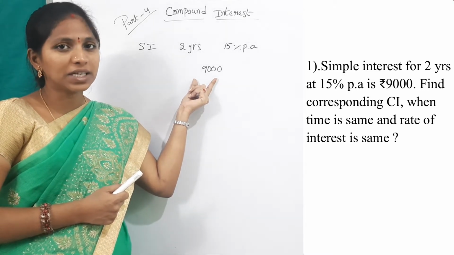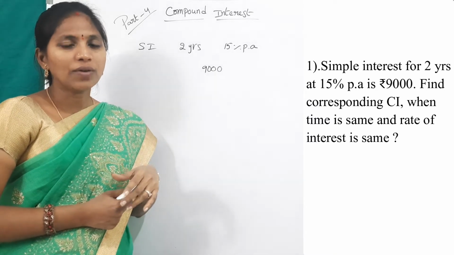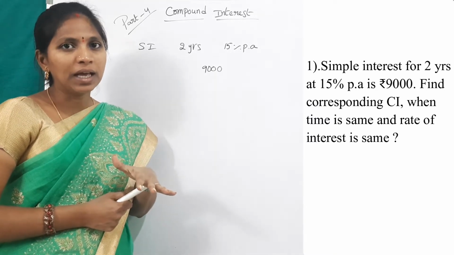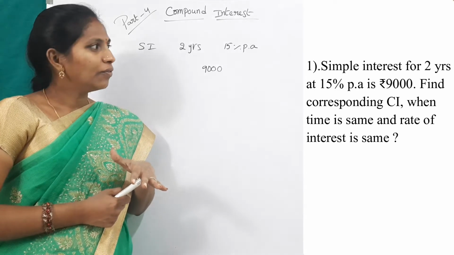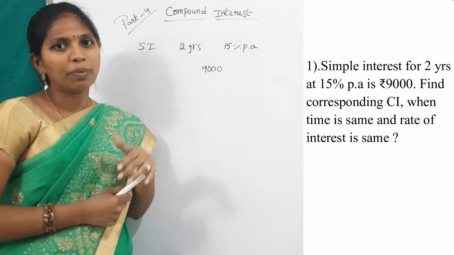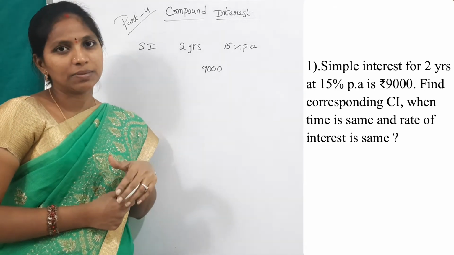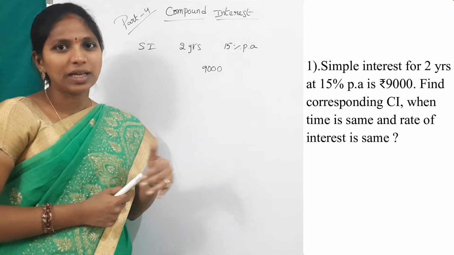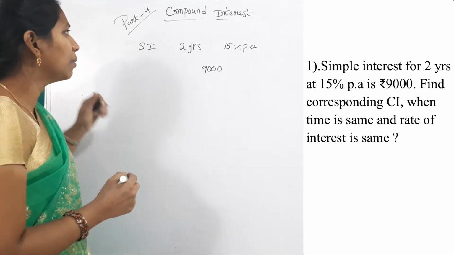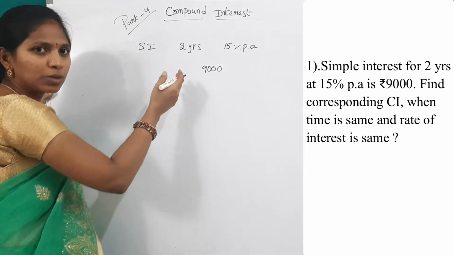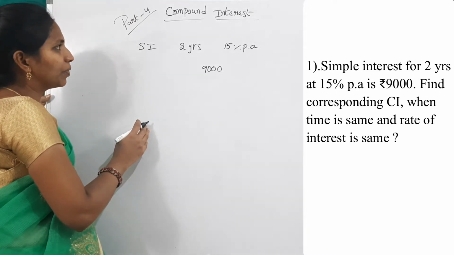So, 100% is equal to what? So, first of all, find out the principal. Then, find out a compound interest by using these details. I don't want to use that method. See another method, simple way to calculate a corresponding compound interest.